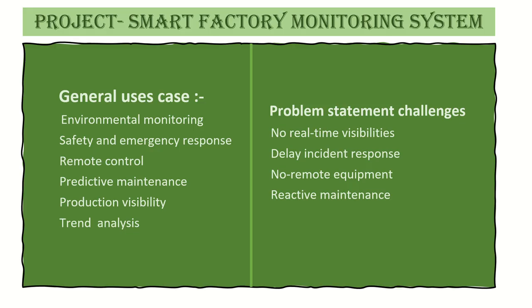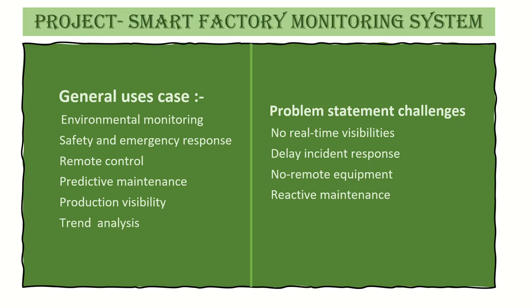Next, our project topic is smart factory monitoring system, in which we have some general use cases. Those are environmental monitoring. By using this smart factory system, we can monitor environment, safety, and emergency response.